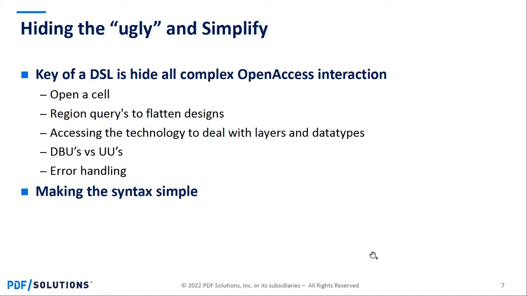So as I mentioned in the beginning, hiding the ugly and simplifying is what we want to try here. So another thing we try to do, instead of just having a simple syntax to do some operations, we want to hide all the complexity we have to deal with when we use OpenAccess, meaning the task of opening a cell.